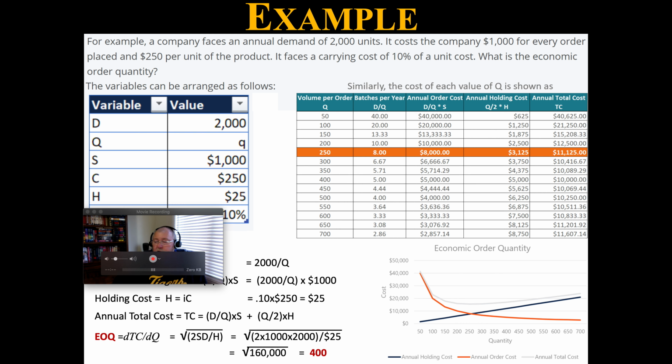Now you could determine this just by doing a lot of different calculations and getting at least close. What do I mean by that? I mean, you could try a lot of different quantities and run through the calculations. You could get the number of batches per year, number of orders per year.